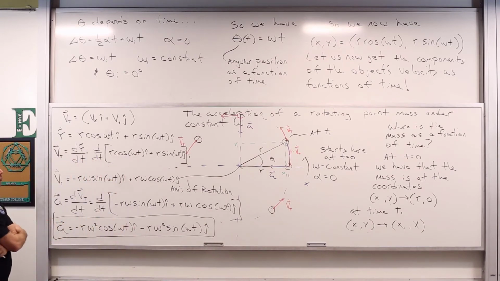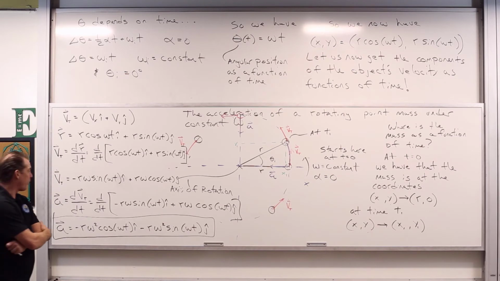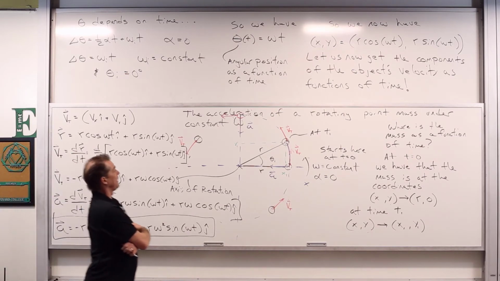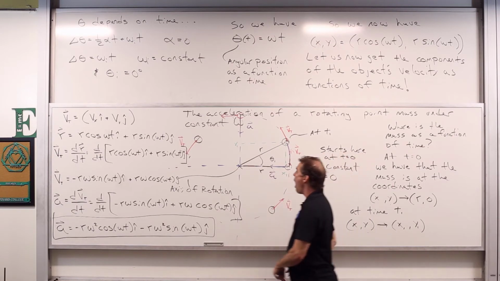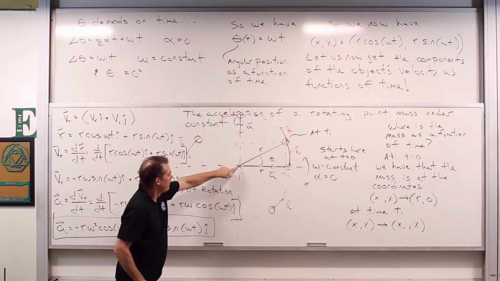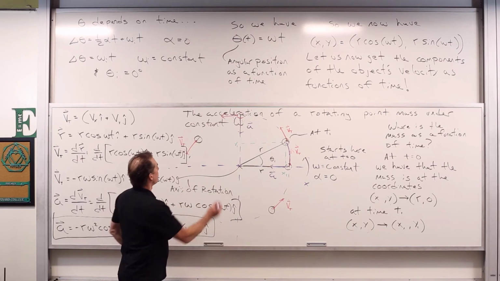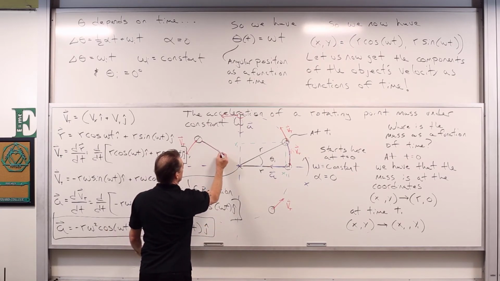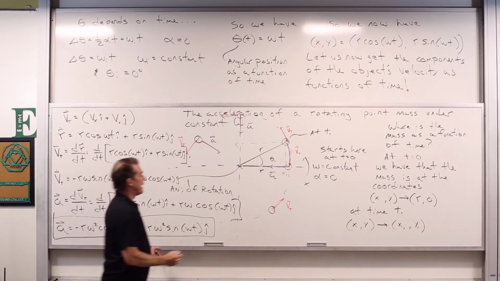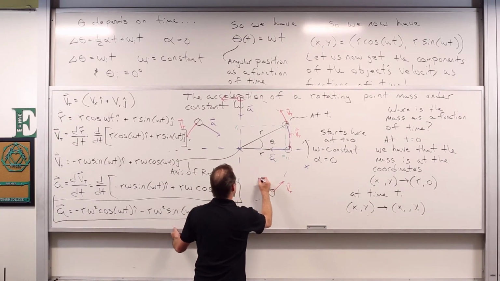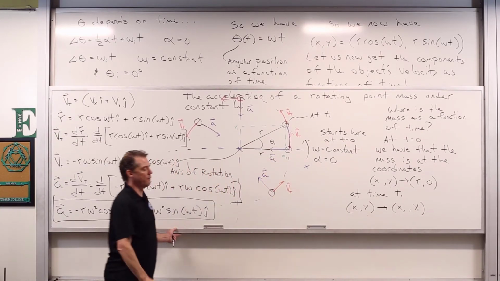Now it's pointing straight down. It turns out that no matter where we look at this object's acceleration, in this particular case, it will always be pointing directly towards the axis of rotation. No matter where it is, this is the direction of its acceleration vector.